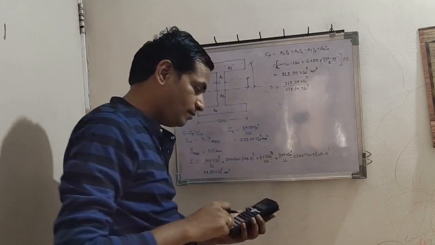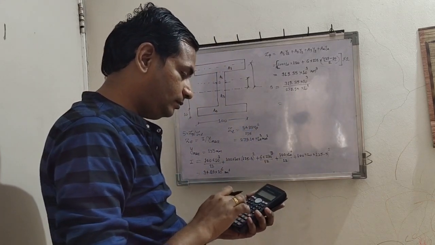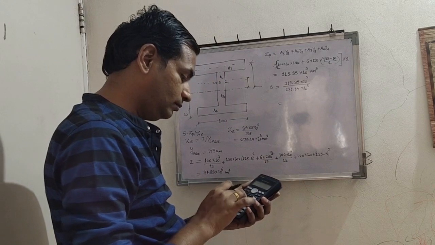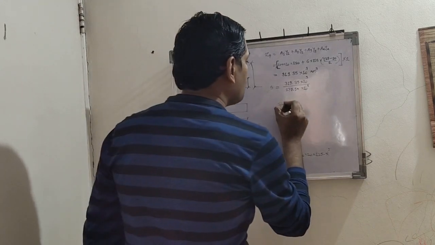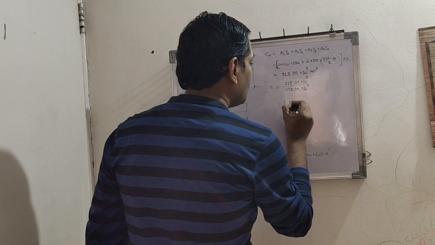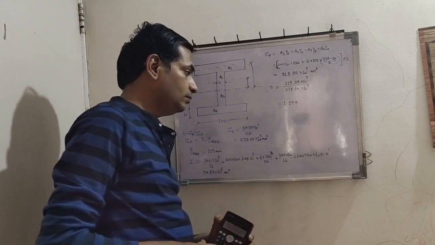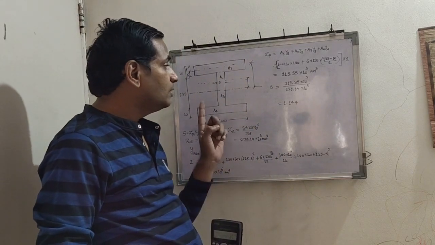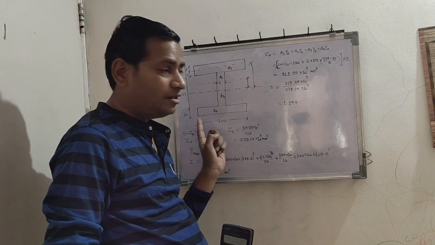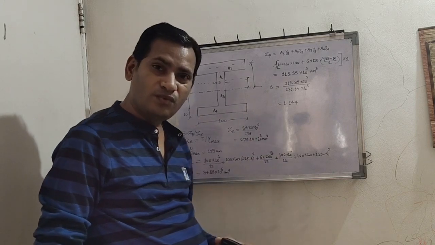Take this ratio. So this comes to be 1.144. So shape factor for symmetric I-section of this size is 1.144.